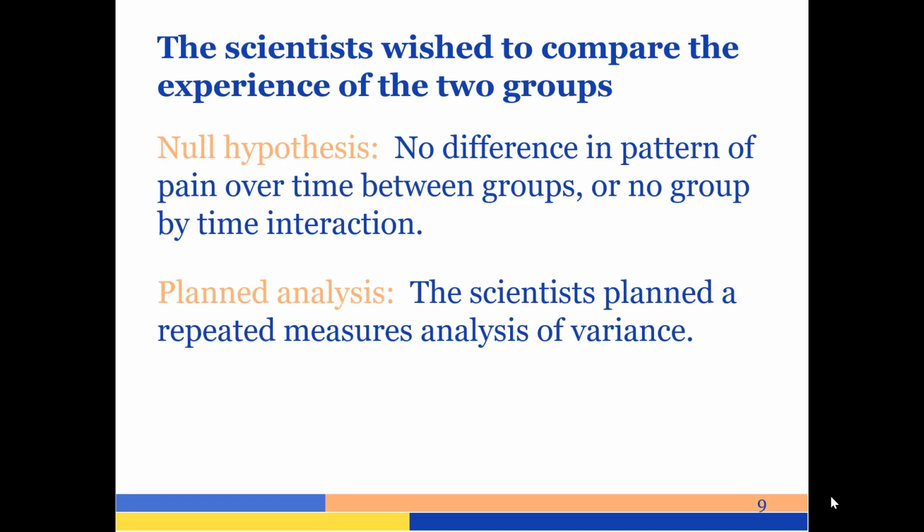We already discussed the null, and the planned analysis was repeated measures ANOVA. I know we don't discuss analysis too often in this course, but this just means that the analysis will account for longitudinal aspects of the multiple measurements over time, and it will compare the treatment group to the control group.